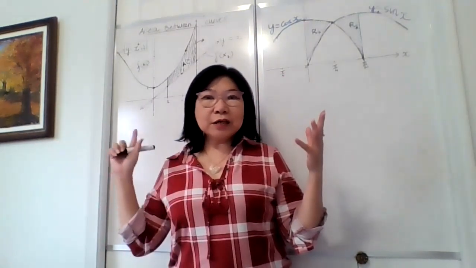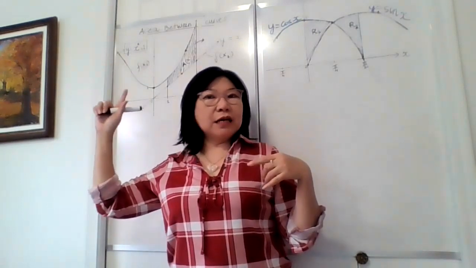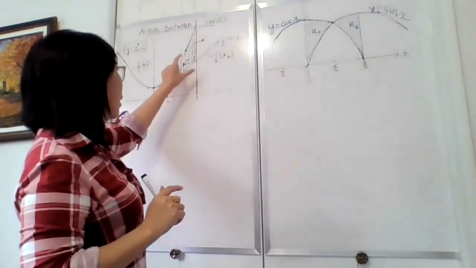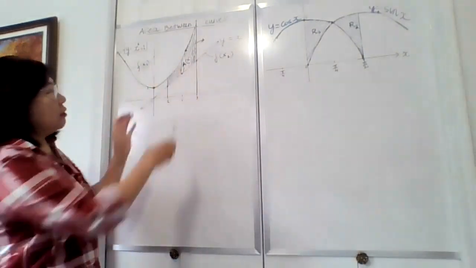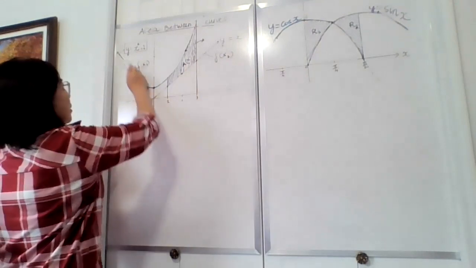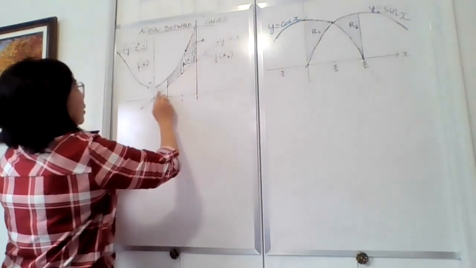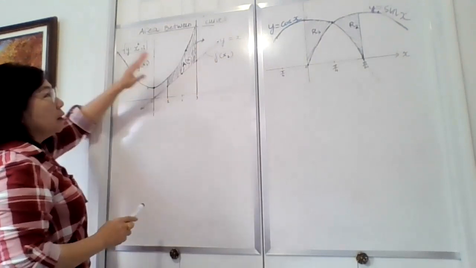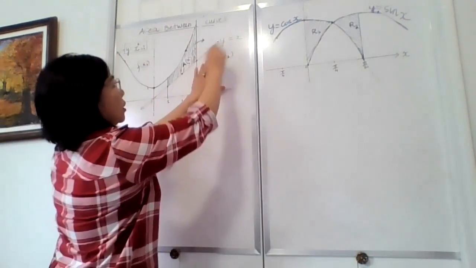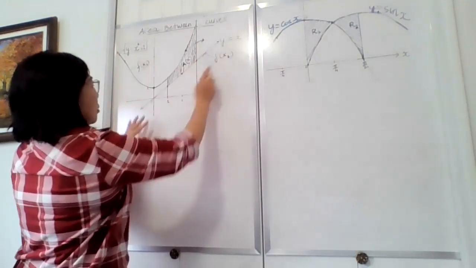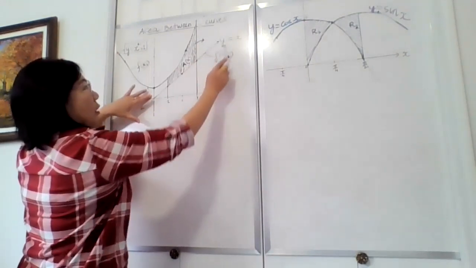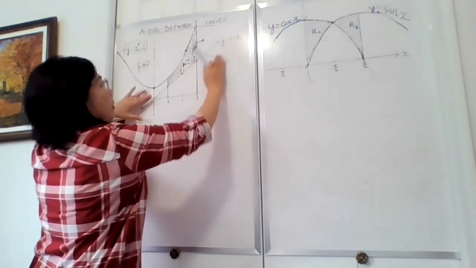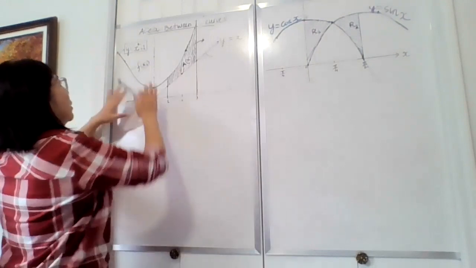So let's take a look at my diagram on the board. On the board, I have two functions. The first function is a quadratic function and has the equation of y equals x squared plus 1. The second function is the straight linear function, going through the origin 0, and the equation of this function is y equals x.